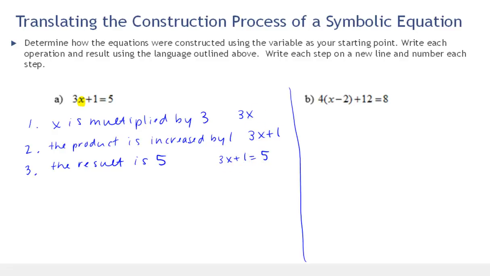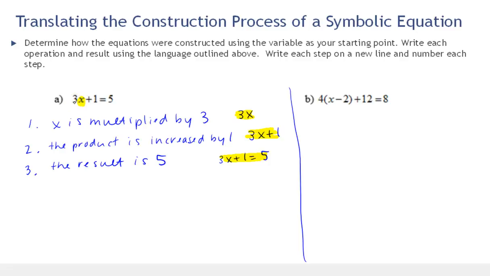So let's highlight this. We started with multiplying x by 3, taking the product, increasing by 1, and then we said the result is 5. That gives us this equation. Sometimes we call this constructing the equation. Sometimes we'll call it the story of x, because we're telling the story of how you build this equation while focusing on the variable x.